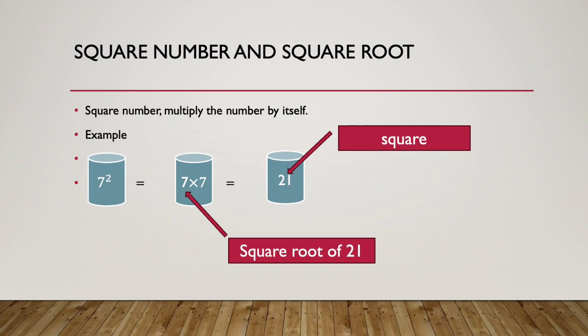Because number 7 multiplied by itself makes the number 21. So who are 21's parents? Number 7. So what is the square root? The square root of 21 is the number 7. That way is easy, then you are not getting confused. So remember that.